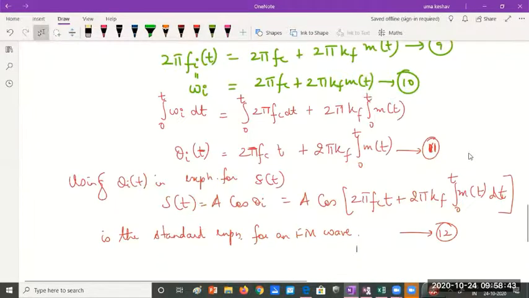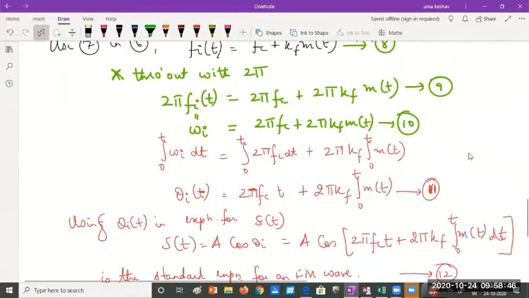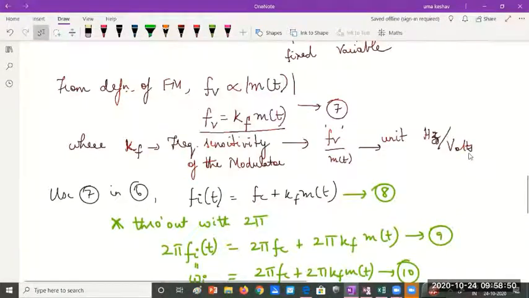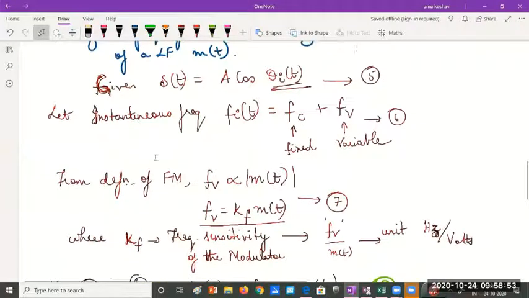Once we have that, we can consider any given signal expressed in the form of a cosine. Given the carrier signal, S of t is A cos theta of t. If I take theta I, that means I am going to vary this angle theta with respect to the message. So vary the angle theta with respect to the message, and you call it theta I.